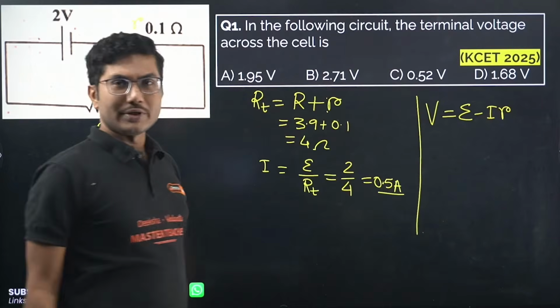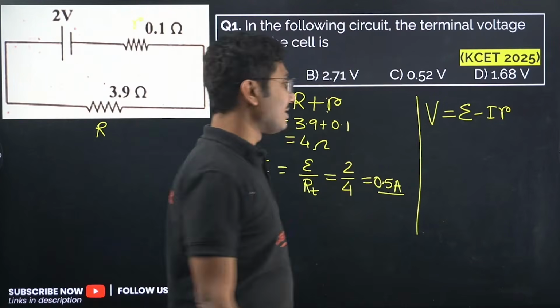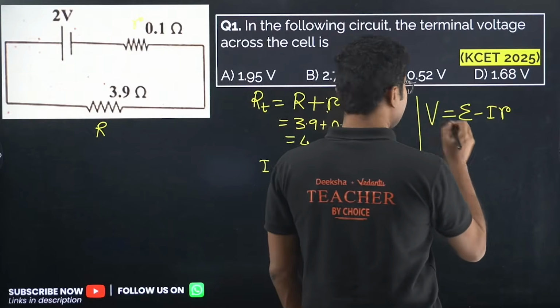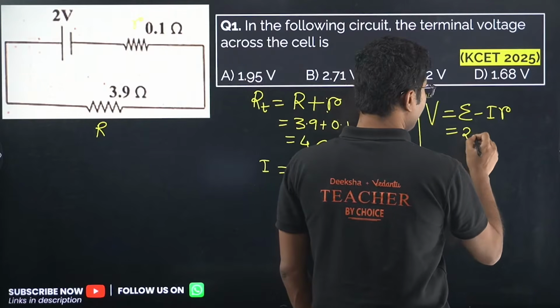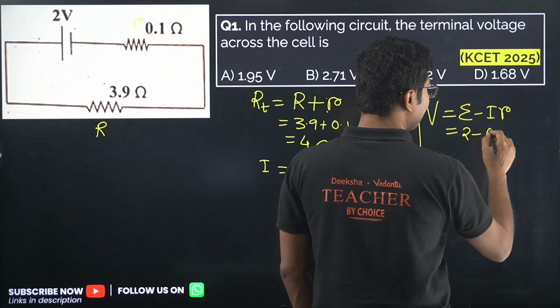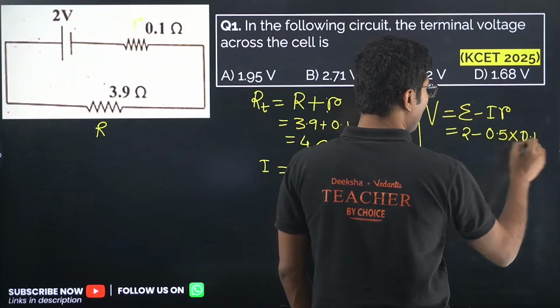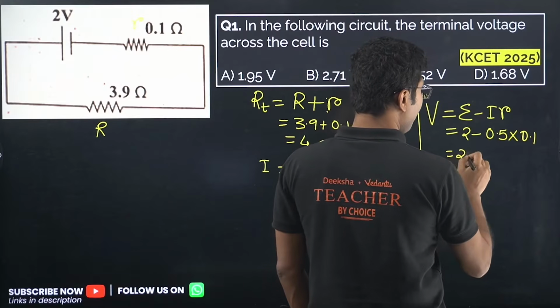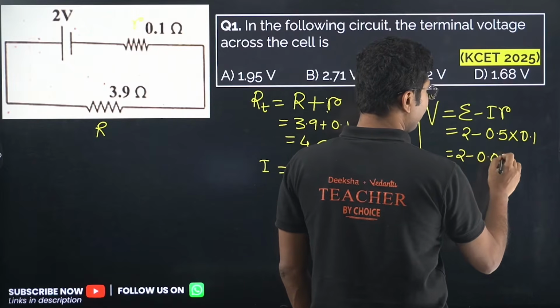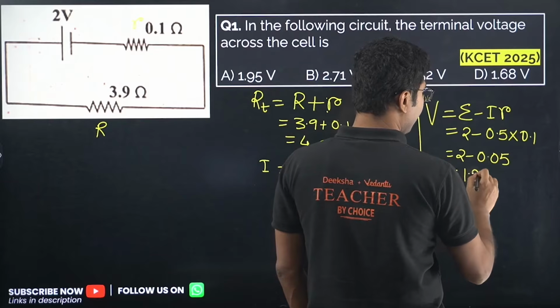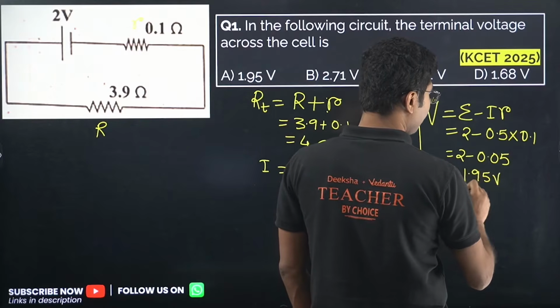Every formula we have studied in our textbook. So epsilon is 2 volt, minus I is 0.5 and r is 0.1. So it will be 2 minus 0.05, or 1.95 volt is the terminal voltage.